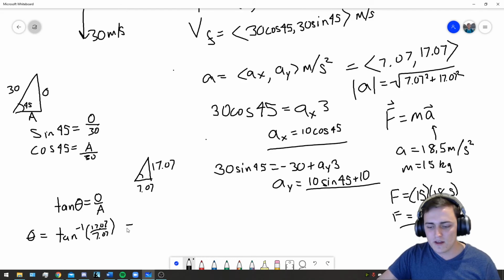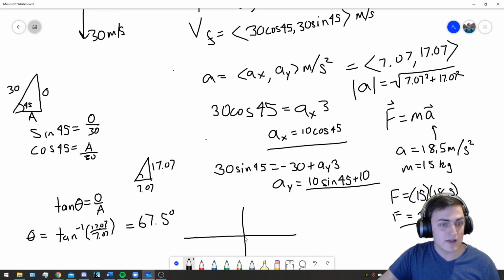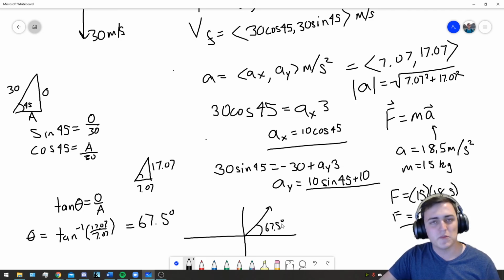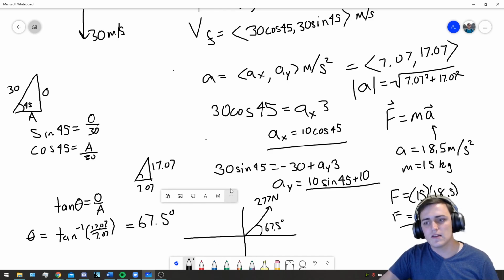And this gives us a theta of 67.5 degrees. So we know that the average force points 67.5 degrees above the positive x-axis, with a magnitude of 277 newtons. And that is our final answer.